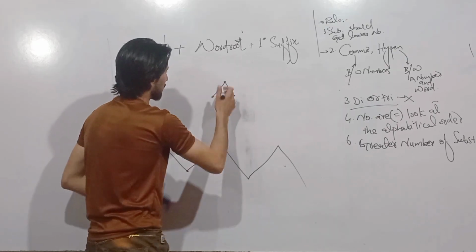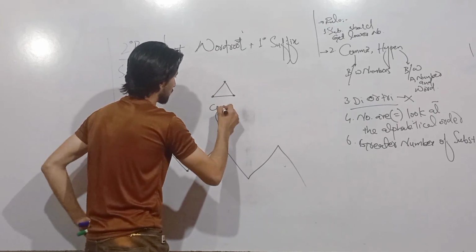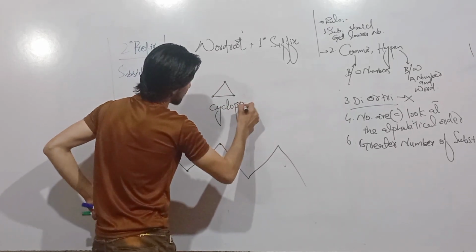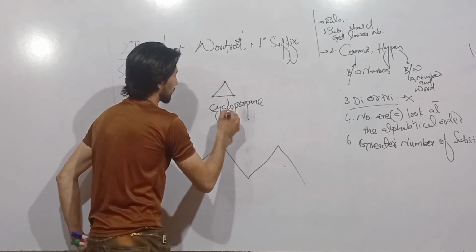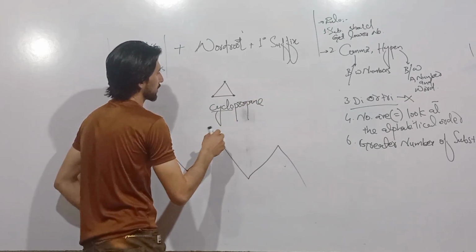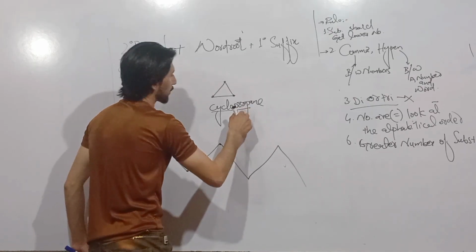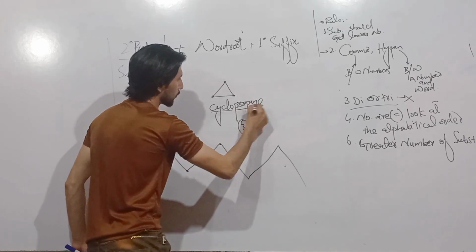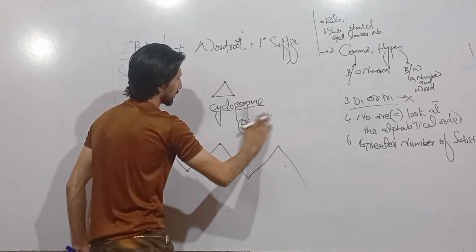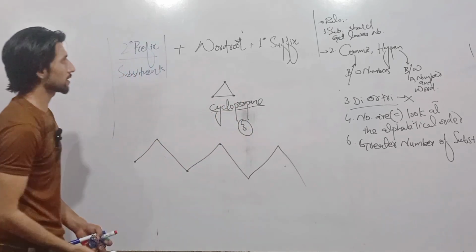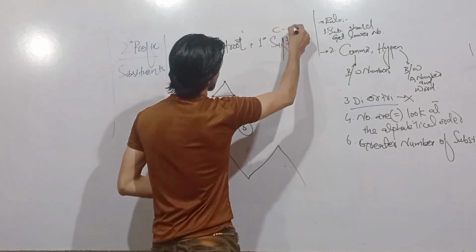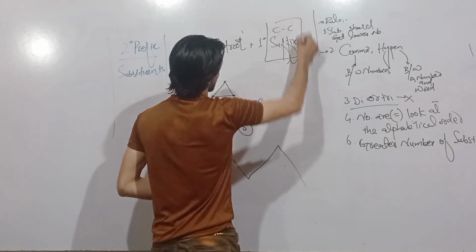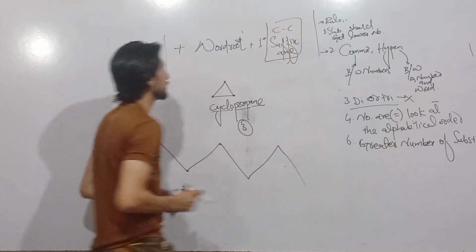So this is called cyclopropane. Why cyclo? Because this compound is cyclic. Why prop? Because 3 carbon atoms are present. And why ane? Because all bonds are single. There are single bonds between the carbon atoms, so for a single bond we have the suffix ane, as we have learned.